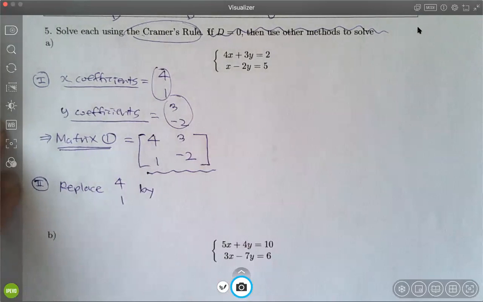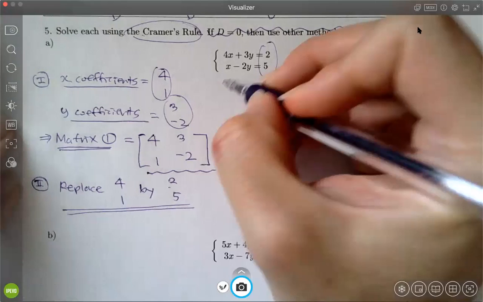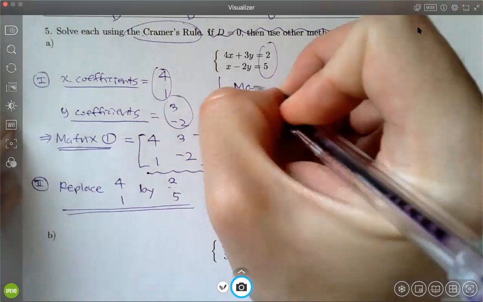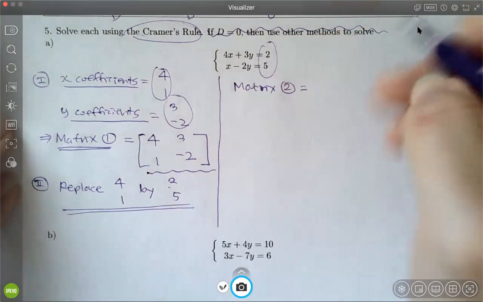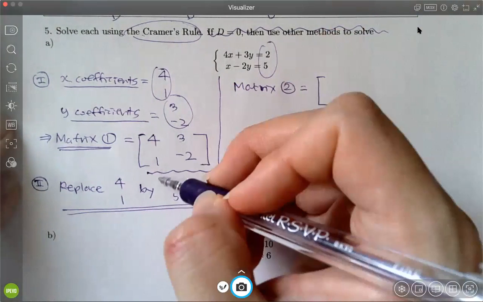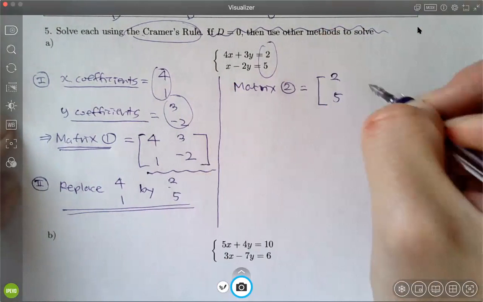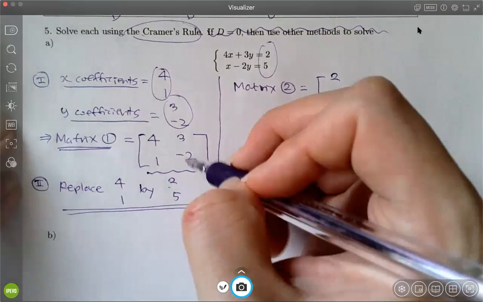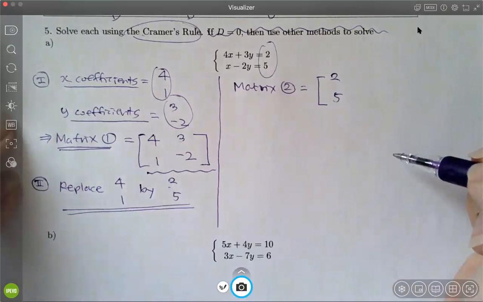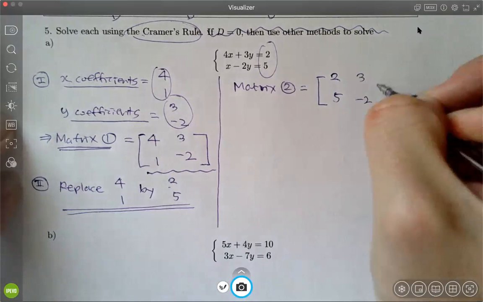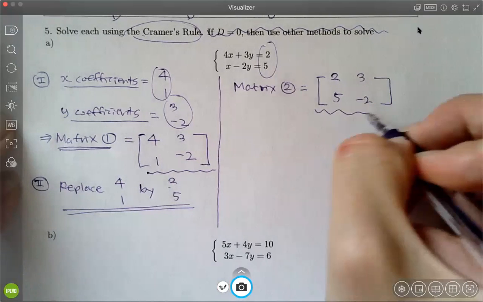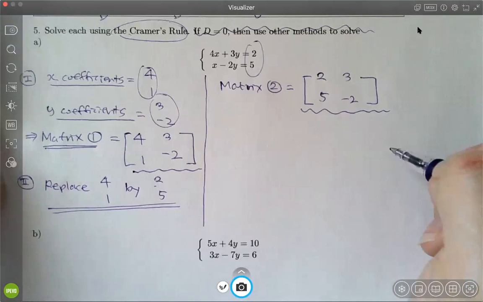So matrix number 2 has 2, 5 instead of 4, 1. Does 3 and negative 2 stay the same? Yes, because we haven't touched the second column. So that is matrix number 2.